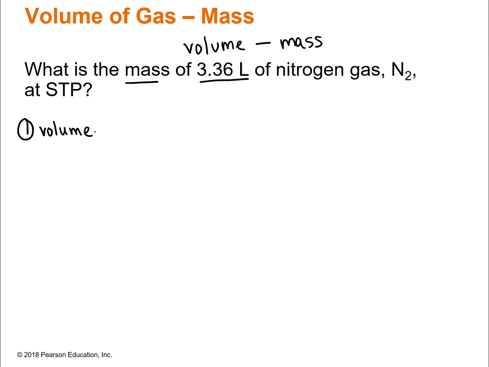We've got a volume of nitrogen gas. You need to convert that to moles first. Once you have the number of moles, you can convert that to mass. So I'm not going to tell you what you need to use for these two. I want you to figure that out.